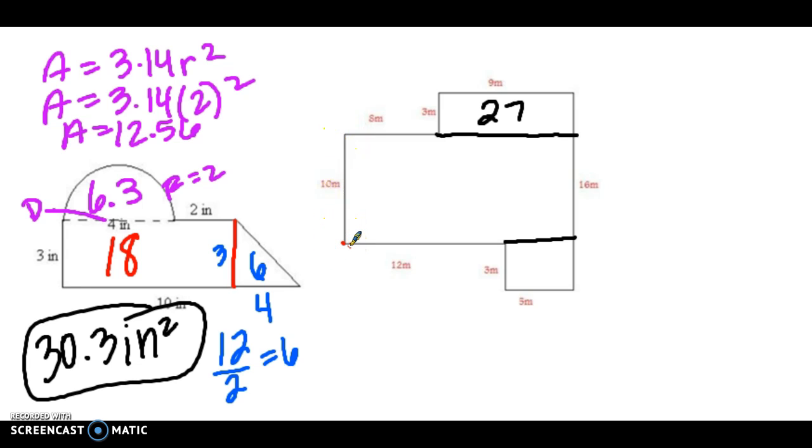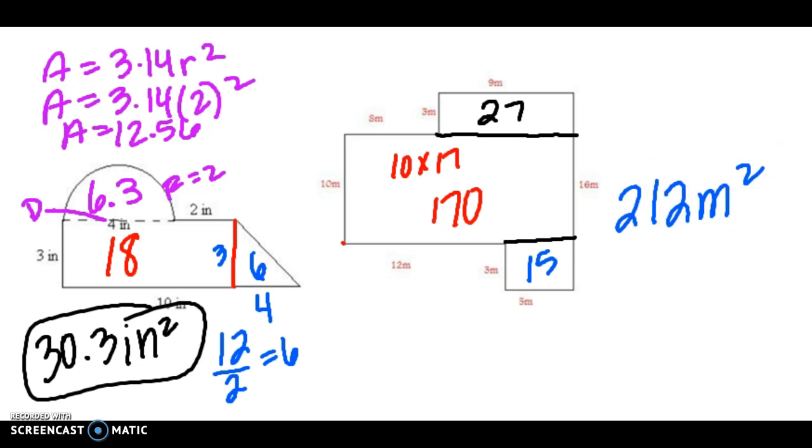This side is 8 plus 9, which is 17. 10 times 17 is 170. And then at the bottom, I have 3 times 5, which is 15. When I add them all together, 170 plus 27 plus 15 is 212 square meters.